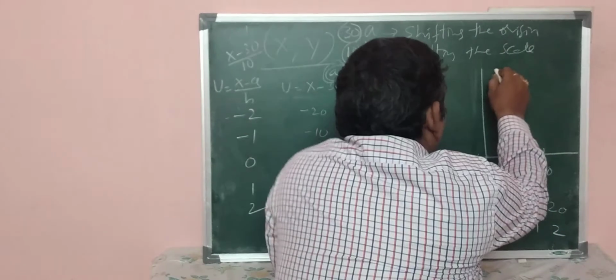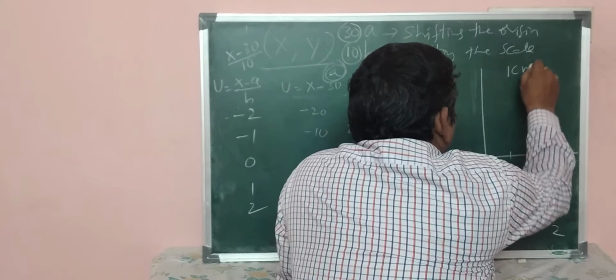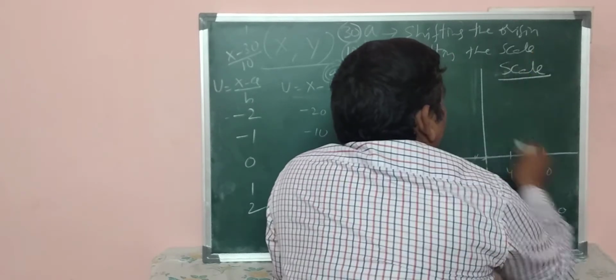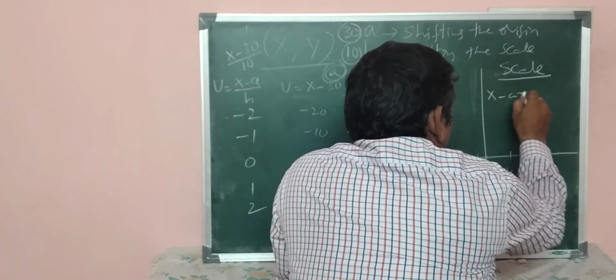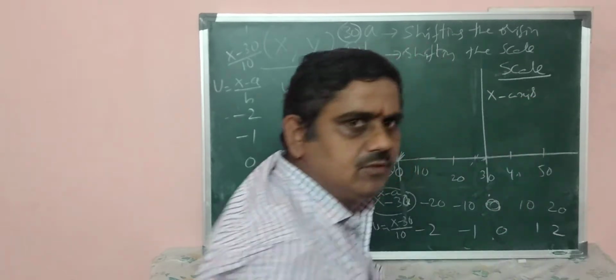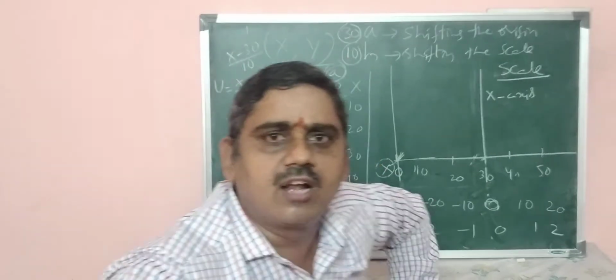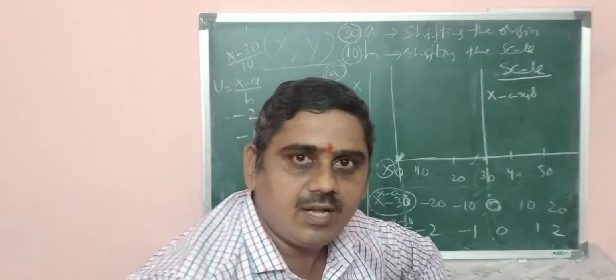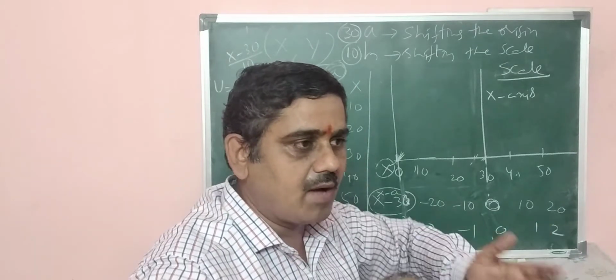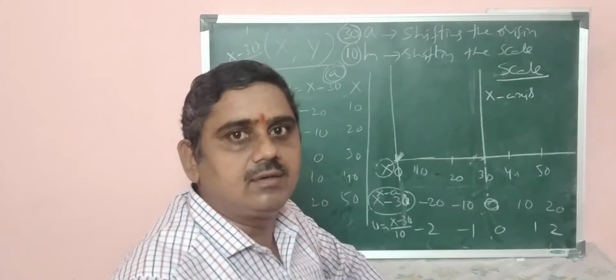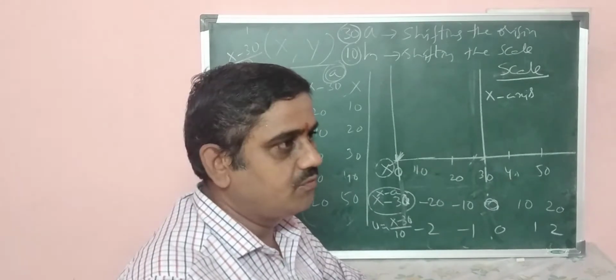X is 1 centimeter is equal to, for example, 1 centimeter is equal to scale. I am considering scale, X axis. This is the procedure. Hope we write this in statistics when drawing graphs, right? And drawing a straight line, a parabola, etc., power curve, etc. Similarly, whatever values we write, we calculate in this fashion.